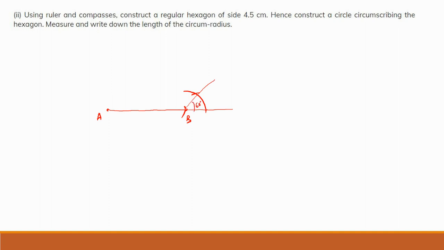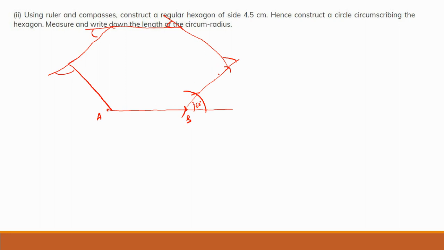Again, put your compass here and measure 4.5 centimeter, cut it somewhere here. So this will be 4.5 centimeter. Like this, you can draw this side, and this side, all 60 degree. This should be 60, this should be 60, this should be 60, this should be 60.